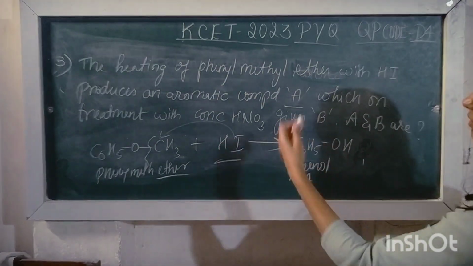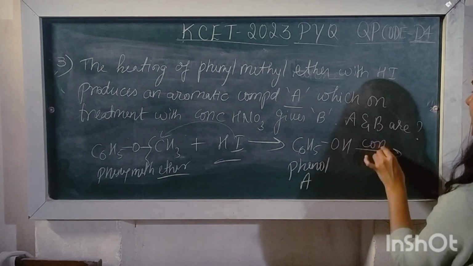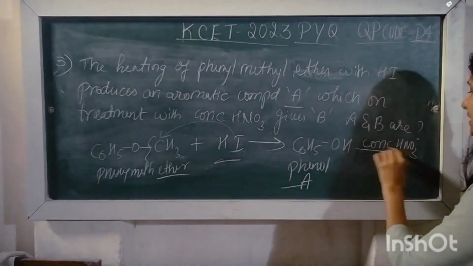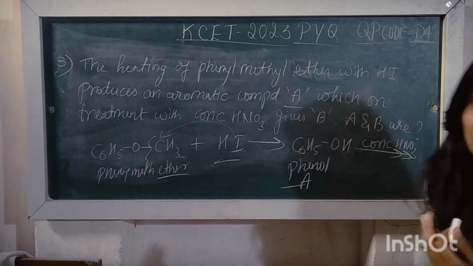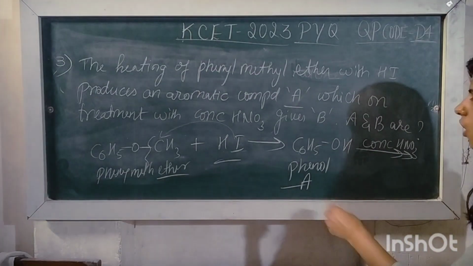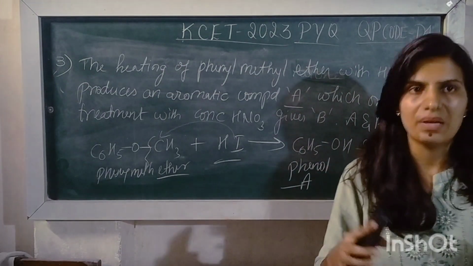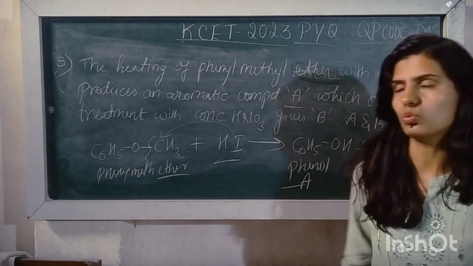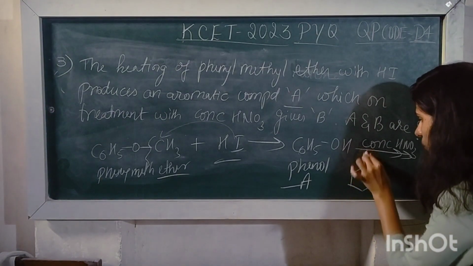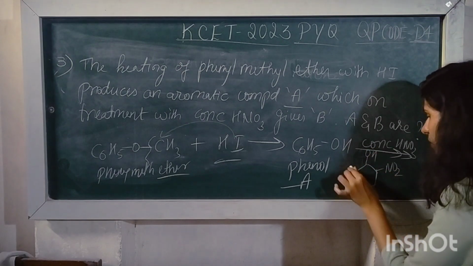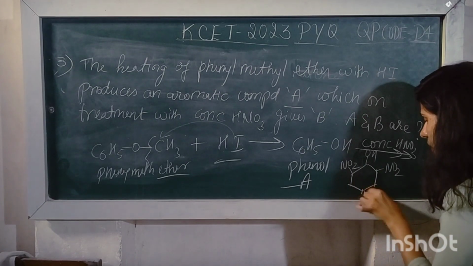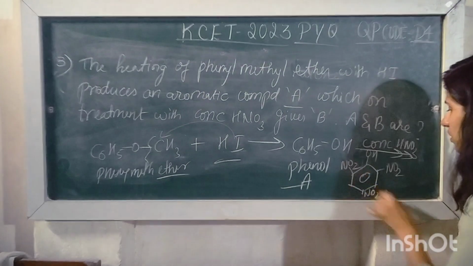Which on further treatment with concentrated nitric acid, HNO3, undergoes nitration. Whenever nitration occurs, the hydrogens on the benzene ring get replaced by NO2. So the product is going to be like this: OH is already here, and NO2 occupies the ortho and para positions.